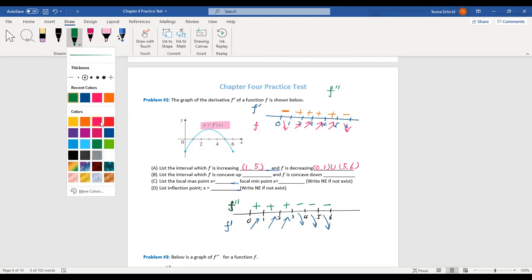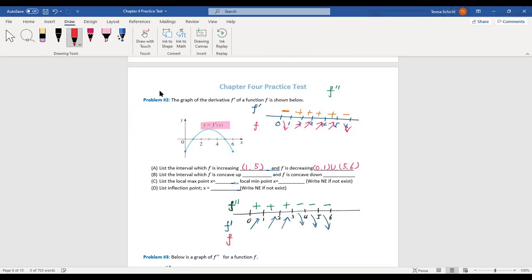Now I can convert to f. Be careful with this 3. So positive means concave up, and negative means concave down. Where is it concave up? From 0 to 3, and concave down from 3 to 6.